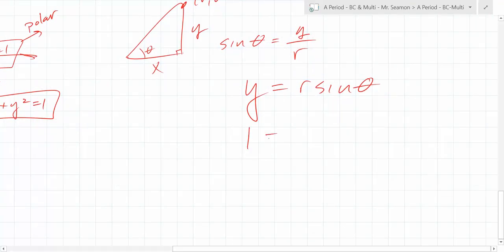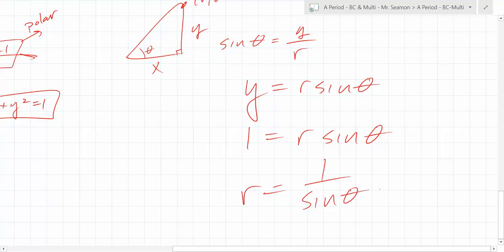So you have 1 is equal to r sine theta. So what does r equal? 1 over sine theta. You now have a function that relates r and theta and only gives you the horizontal line y equals 1. Y is equal to r sine theta.